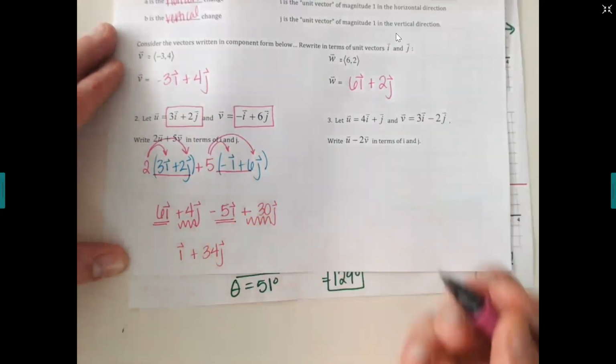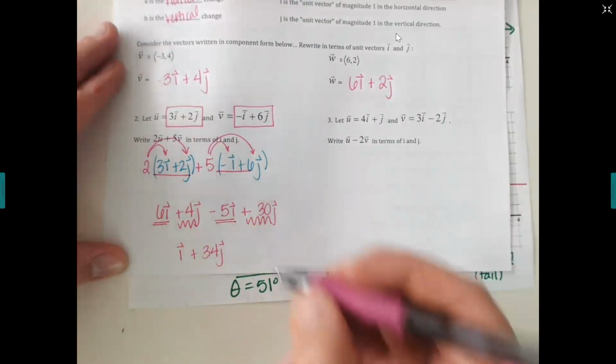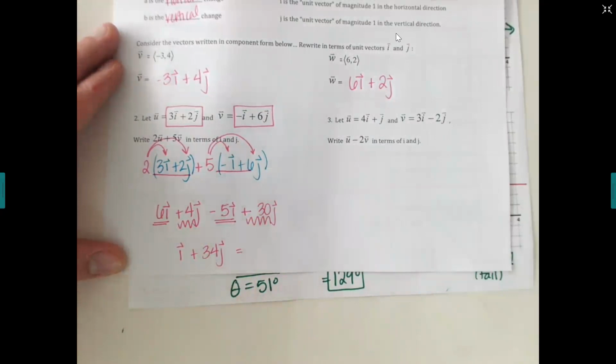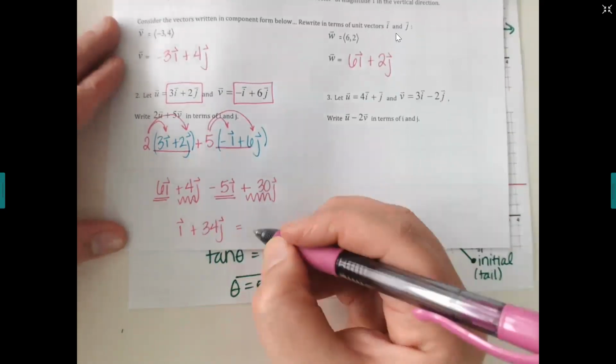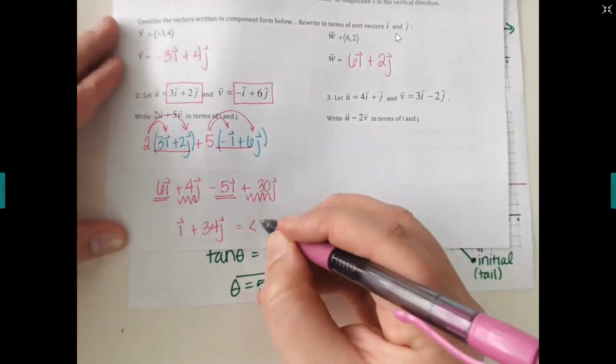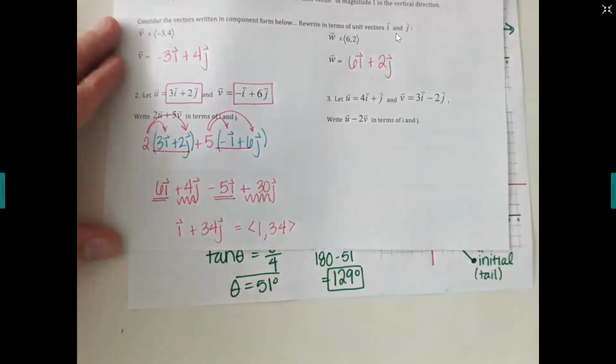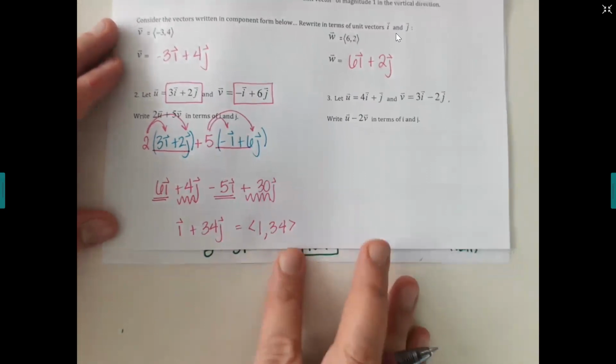34j. If you were asked to write that as a component vector, which is the x comma y version, what would it be? 1 comma 34. Okay, so those are the exact same thing.